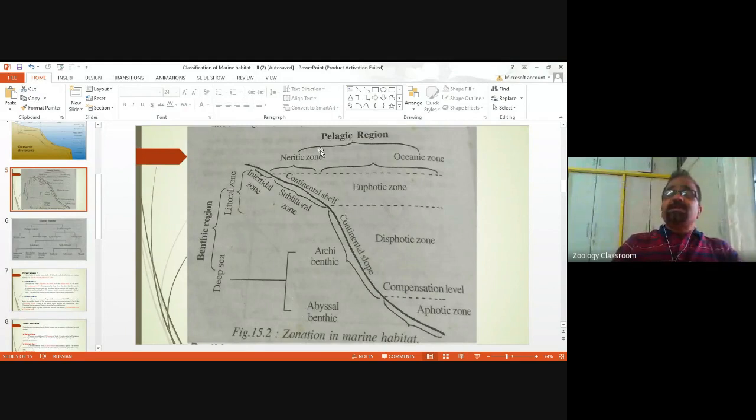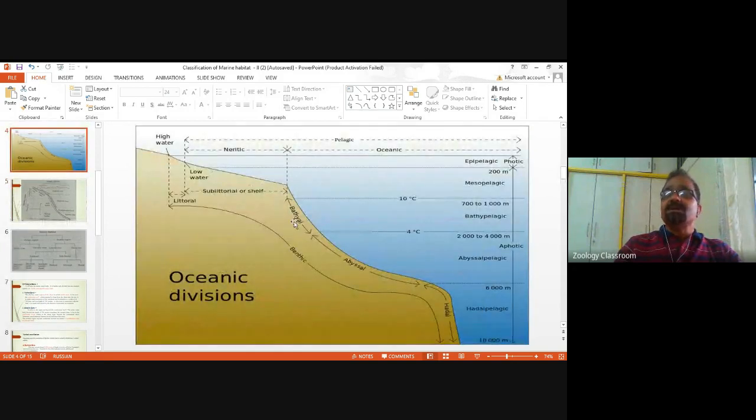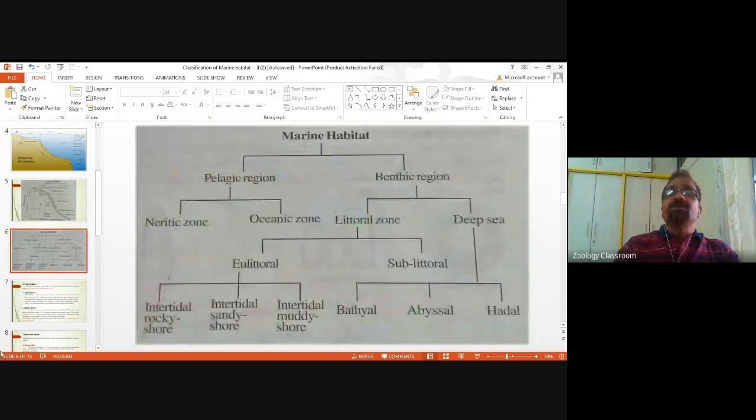The pelagic region is further divided into neritic and oceanic. This is the continental area, or the land surface under water, as mentioned here. This is the tabular form of the classification of the marine habitat, basically divided into the pelagic region and the benthic region.